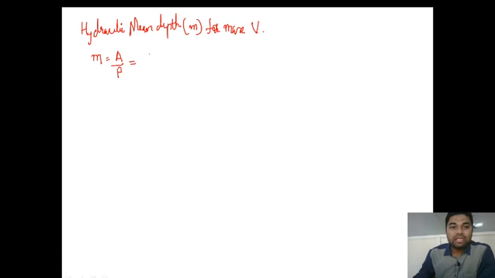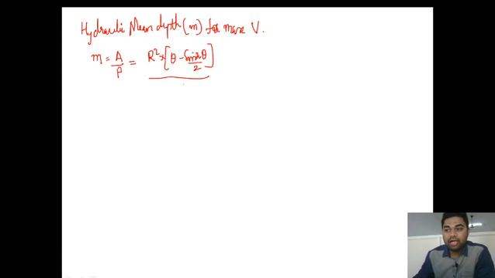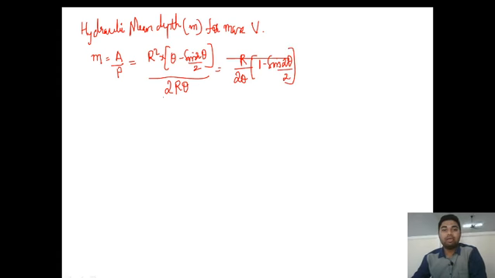The area of flow of circular channel can be given by R square into (theta minus sin 2 theta by 2), divided by the wetted perimeter. Wetted perimeter is 2R theta. So if we cancel R and R square, this value becomes R by 2 theta into (1 minus sin 2 theta by 2 theta). This is the value of M.